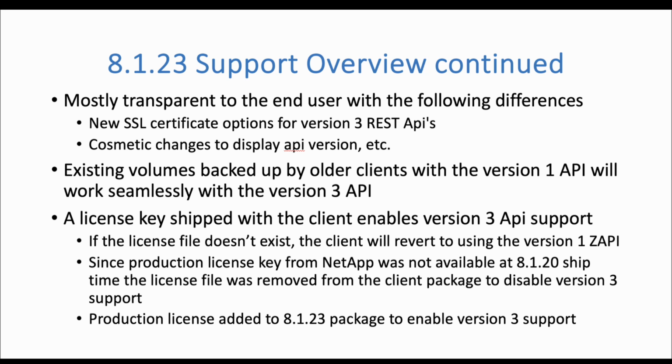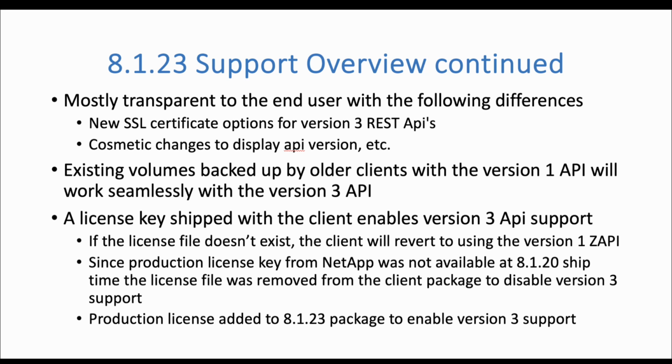And as I said, a license file is required in order to enable the version 3 support, and if the license file doesn't exist, it automatically reverts to the version 1 ZAPI, and that's basically how 8.1.20 shipped.